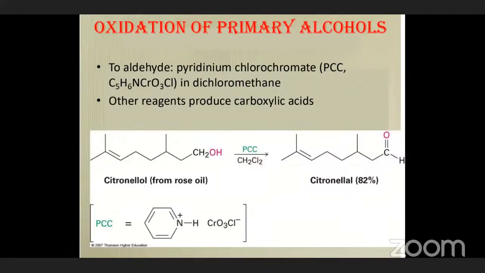So we said that oxidation of primary alcohols is one of the laboratory ways of preparing aldehydes. Now I want to specifically look at some examples. In that first example, you saw potassium dichromate.